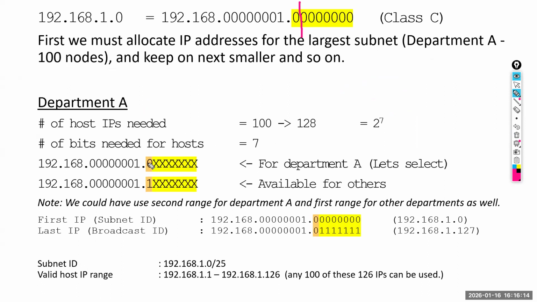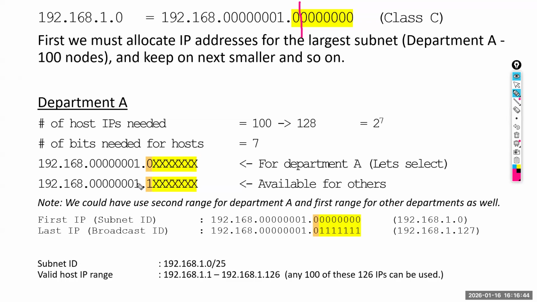Because when you take 1 bit, you get 2 to the power 7 minus 2, that is 126 machines, 126 IP addresses. So let's allocate. Now we can either take 0 or 1, because this is our control, because this is /24. So let's allocate 0 for department A, or you can allocate 1. Okay, let's allocate 0, right?